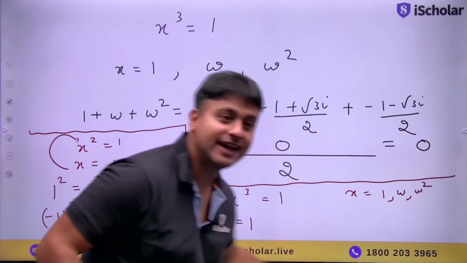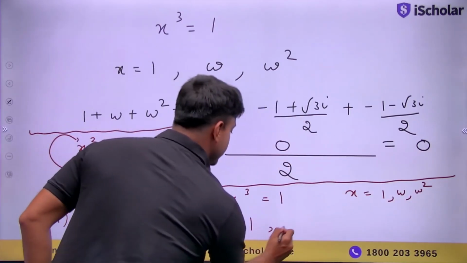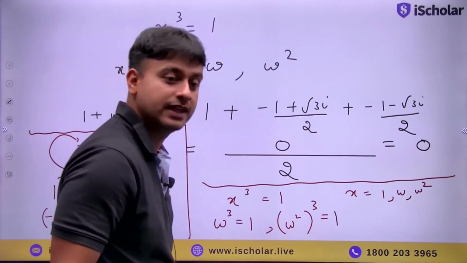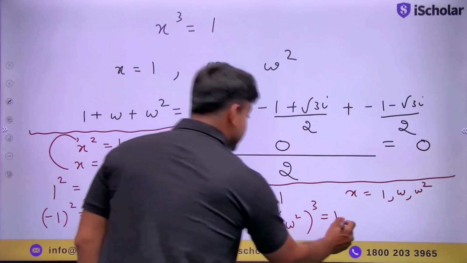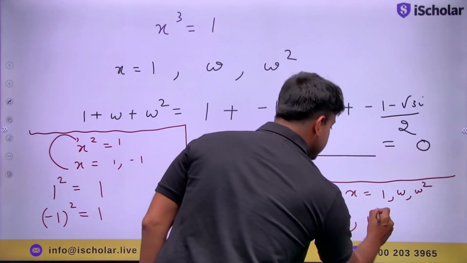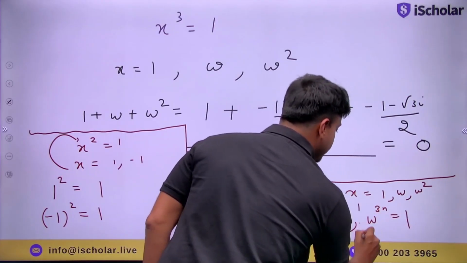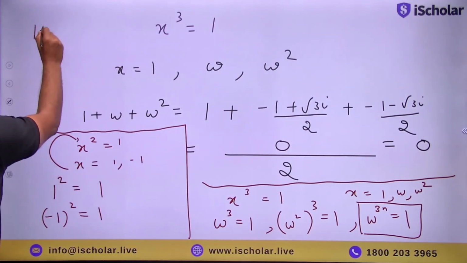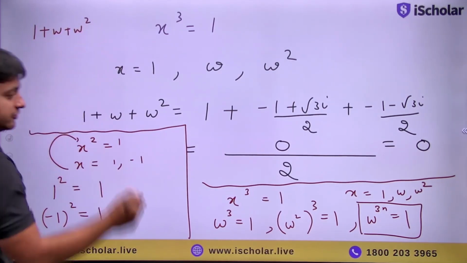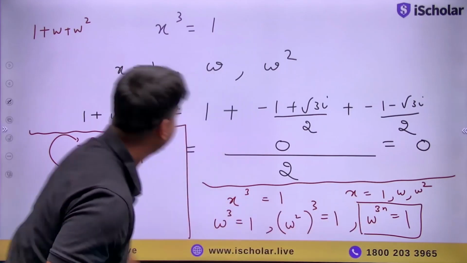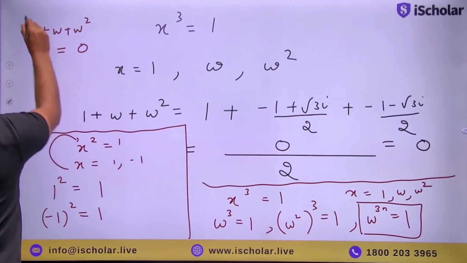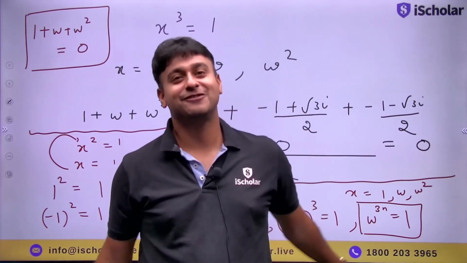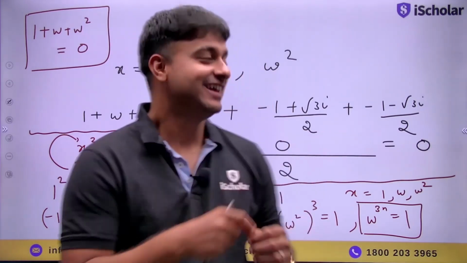Similarly, omega square should be satisfying, so we'll get omega square cubed is also 1. That means omega power 6 will be 1. So in short, we can say omega power 3n is 1. Any multiple of 3 as the power of omega will be 1, and 1 plus omega plus omega square will be 0. So these are the two interesting formulas that we have generated in front of you.